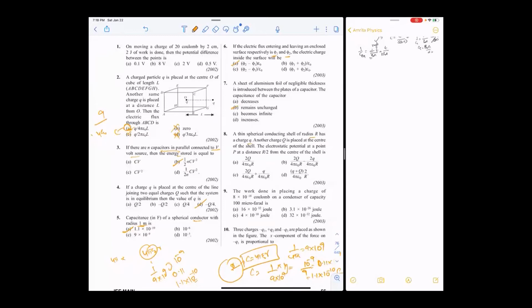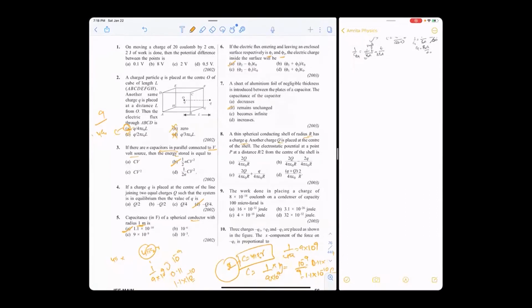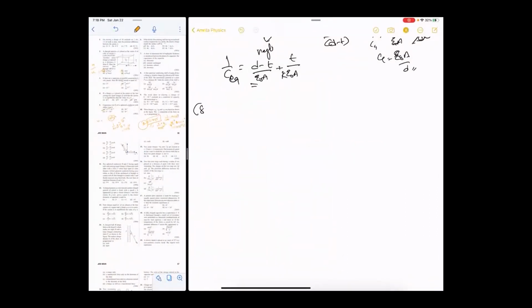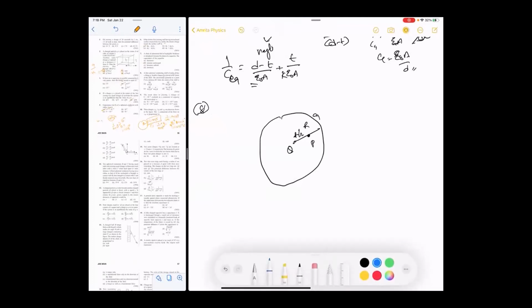Inside is small q, on the sphere is capital Q. So there is a sphere of radius r, with a charge q at the center, and the charge on the outer shell is Q. They are asking at a point P at a distance of r by 2. Now, how is it going to be done?